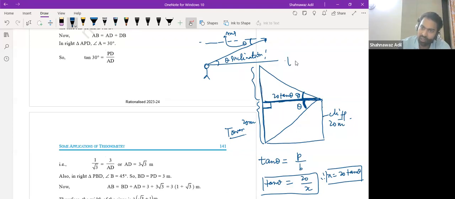So again, tan theta would be, let's say this is my perpendicular and this is my x, right? So we know x is 20 tan theta. This is tan square theta.